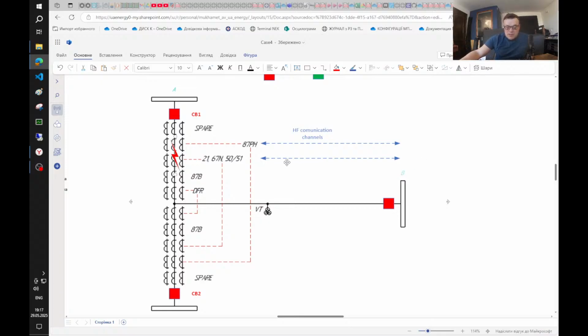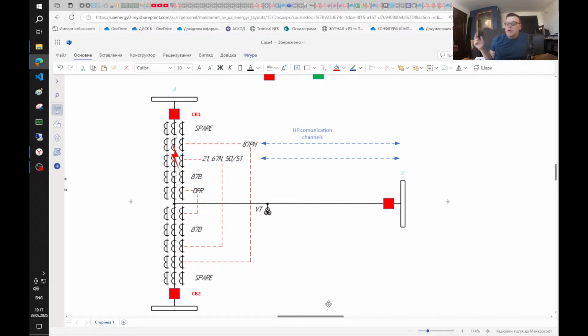Through this second communication channel, we send not only protection commands, but also system integrity scheme commands. There are only three protection commands.